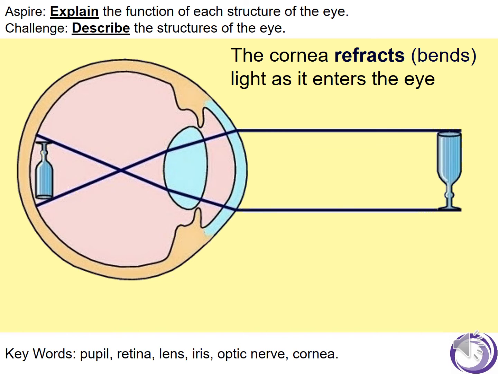Well, the reality is that the physics of the eye means that we do see things inverted or upside down, as this diagram explains. We have a glass in front of the eye, and if you look on the retina at the back of the eye, the glass is inverted or upside down because of the way that the lens works in the eye.